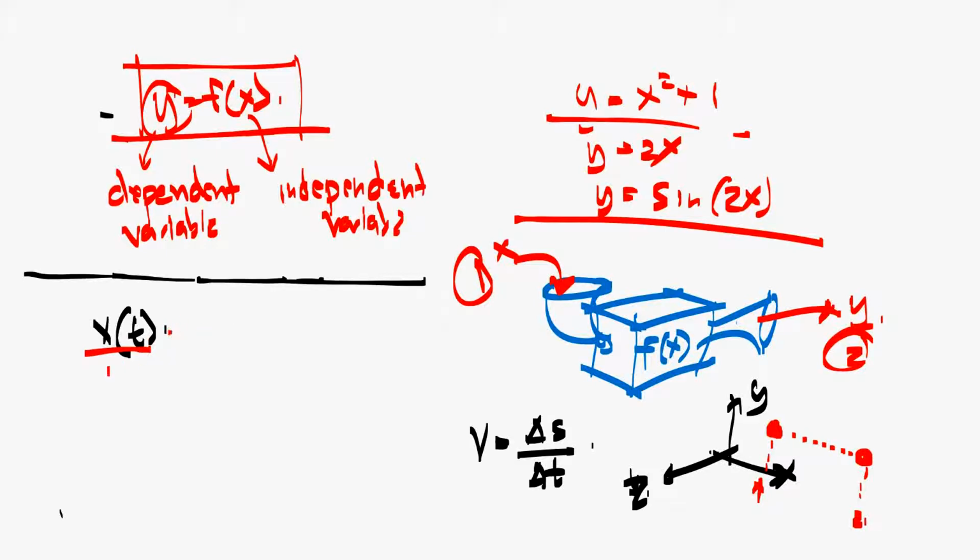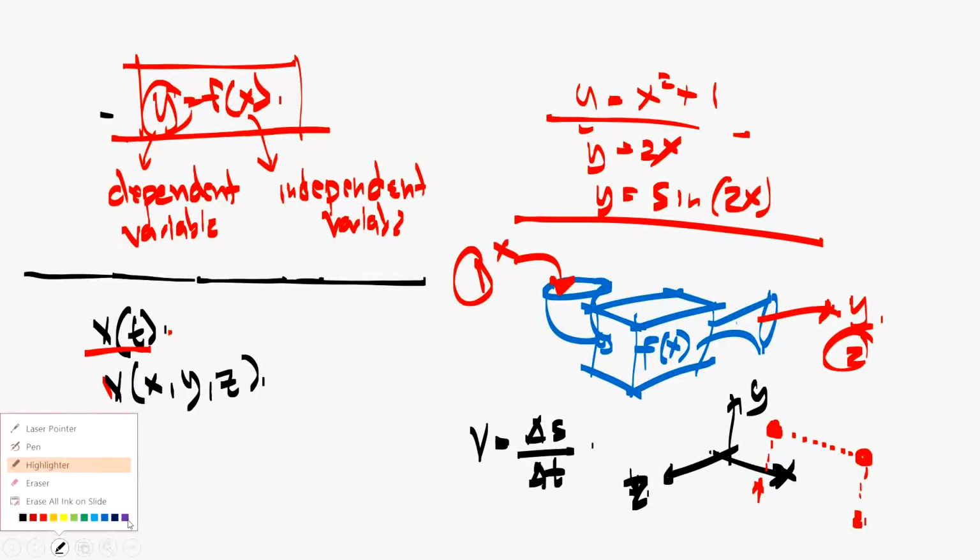It's also common in fluid mechanics that velocity is not just a function of time, but it's also possible to have velocity as a function of space, right? So velocity as a function of x, y, and z. What that means is that, for example, this is my first arbitrary position, and it has a value of x, y, z.